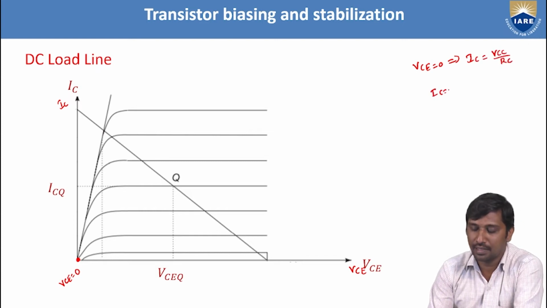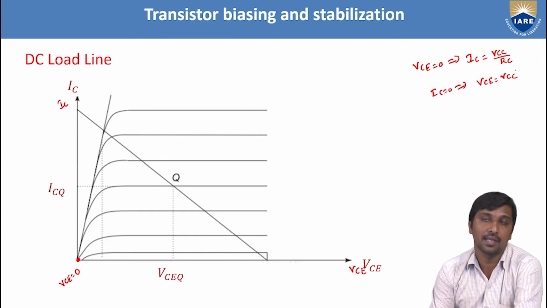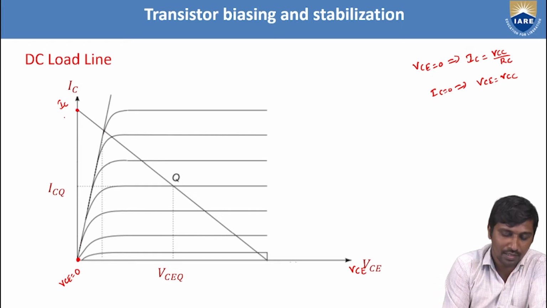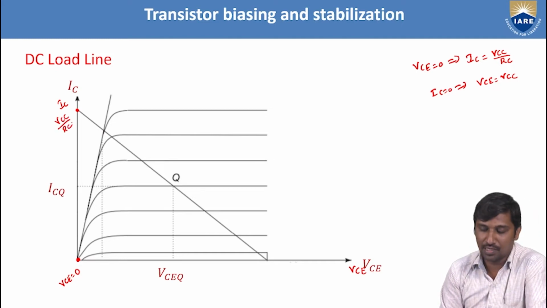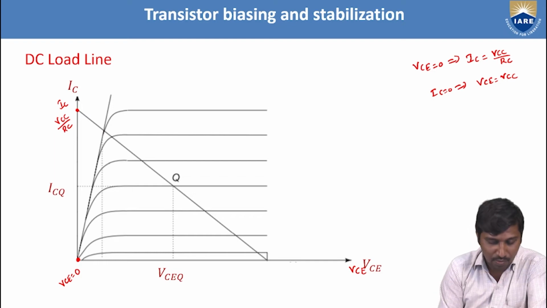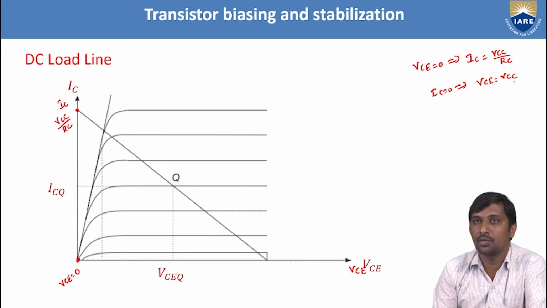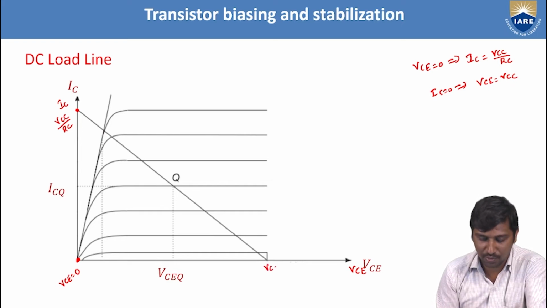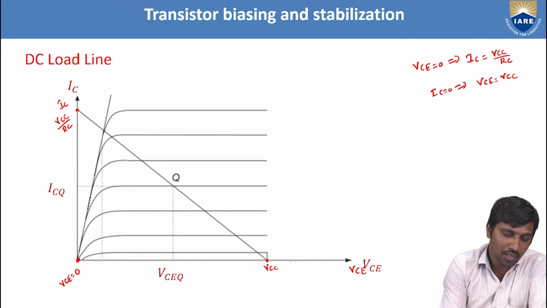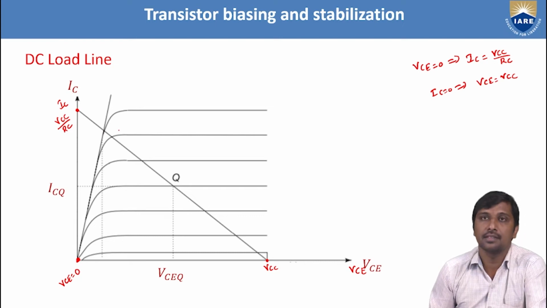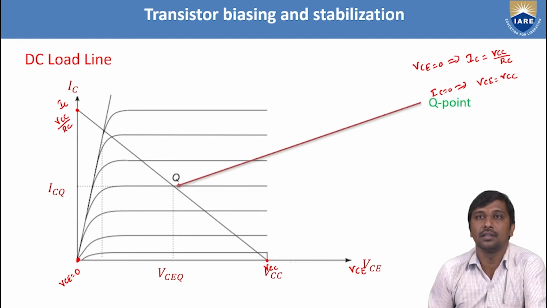If the collector current is 0, we observe that VCE is approximately equal to VCC, the maximum reverse voltage. Now you can join these two coordinates, which indicates the DC load line.